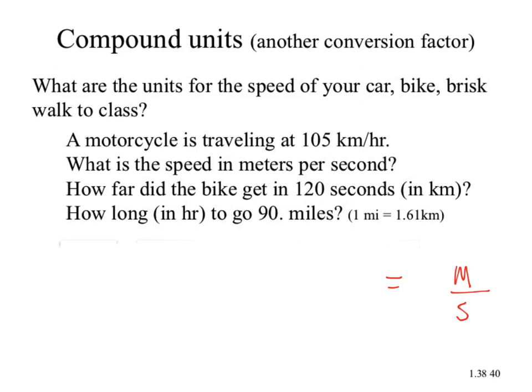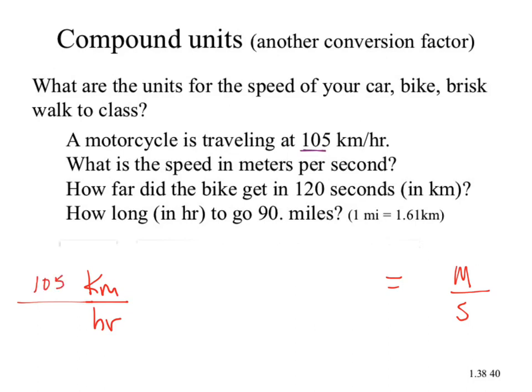What is my given information? Kilometers per hour, the unit first, and officially kilometers over hours. But it's 105. Where does the 105 show up? Next to the kilometers. Why next to the kilometers? Because that's how you read it.